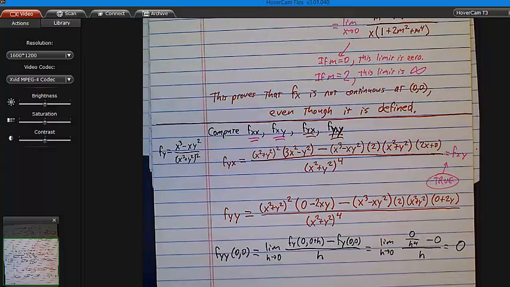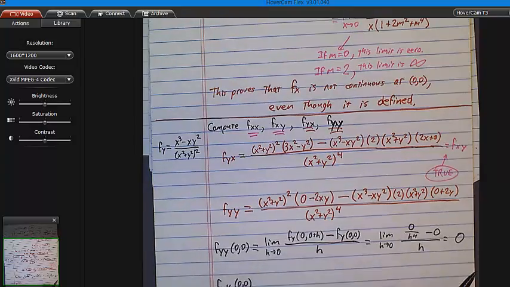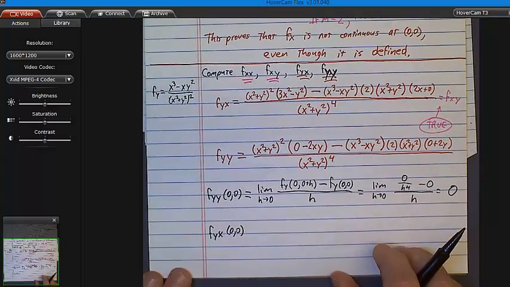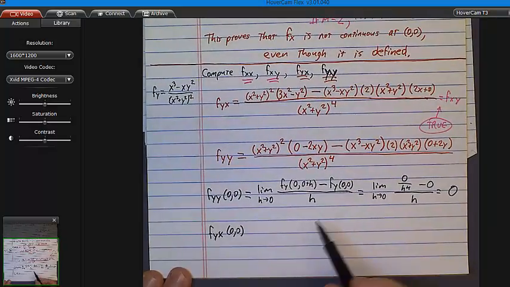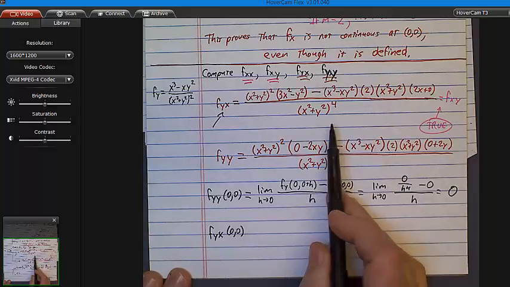Okay. But what about f_yx? f_yx of (0, 0). Let's see. That's using this guy, right? Ooh, that's ugly. Although maybe if I plug in (0, 0), it won't be so bad. Oh no, I can't plug in (0, 0) here, right? So how do I do it?